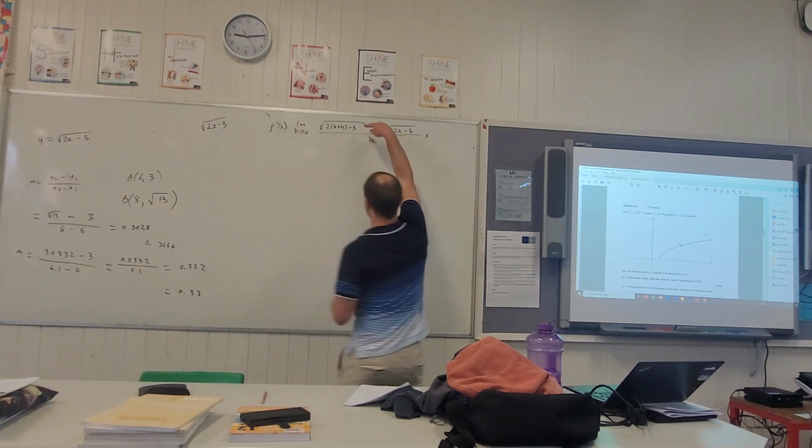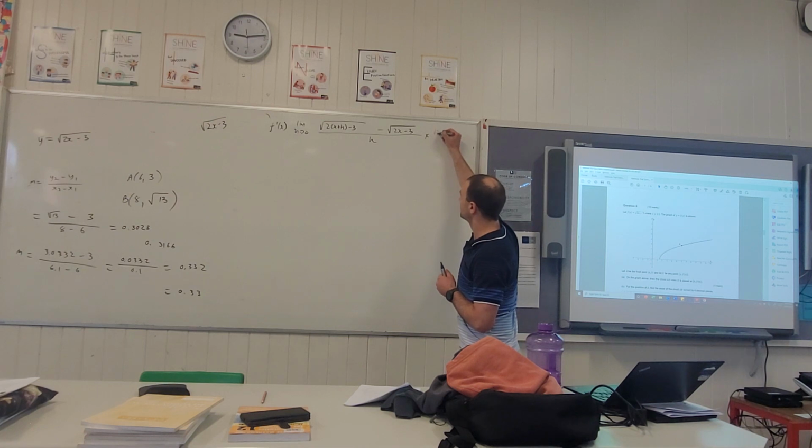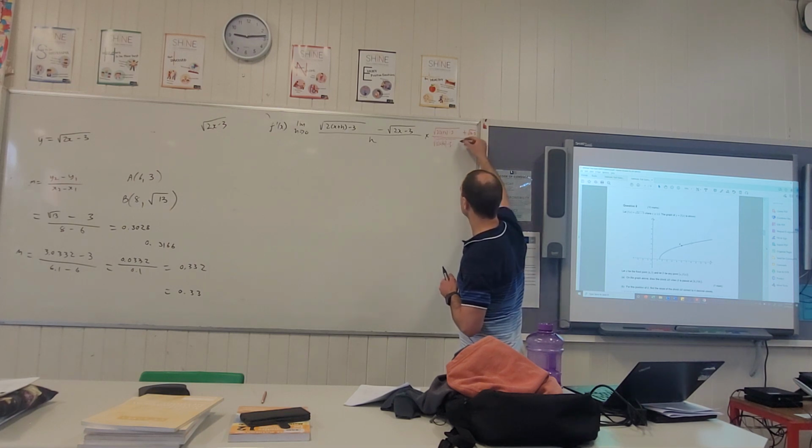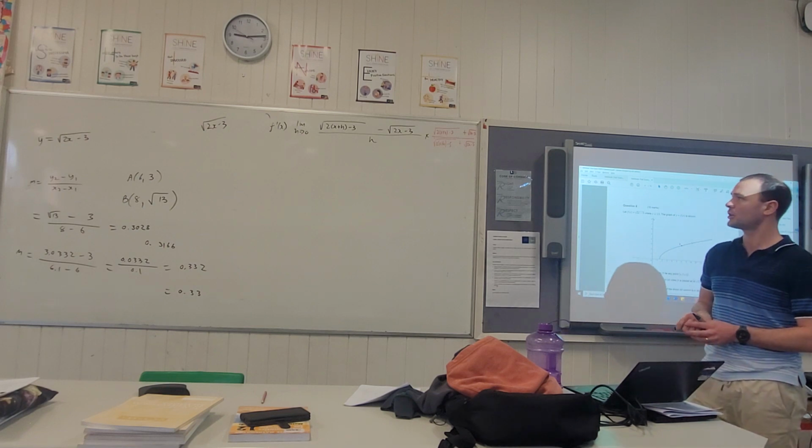So the conjugate is exactly what we got there, except we changed that to a positive, right? So it's the square root of 2 times x plus h, take 3. Here's the plus. On top of itself. Alright, so that's a little trick. Whenever we're doing first principles for a root, we have to multiply by the conjugate.